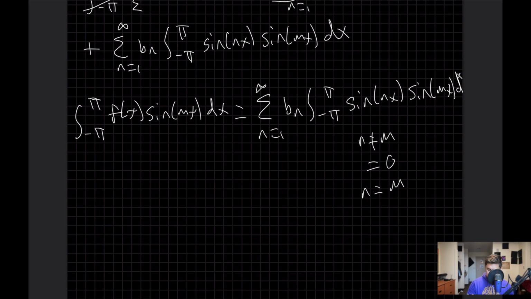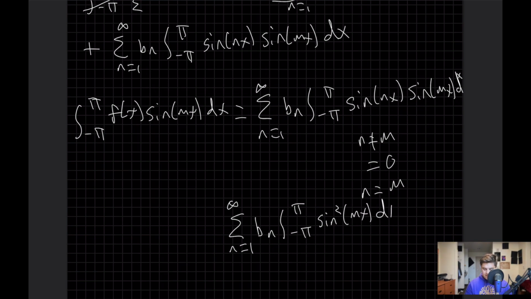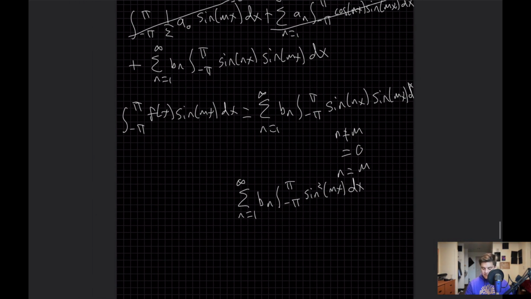So let's take a look at when m is equal to n. The integral of b sub n times the integral of negative pi to pi of sine squared mx dx. Now this is looking very familiar.